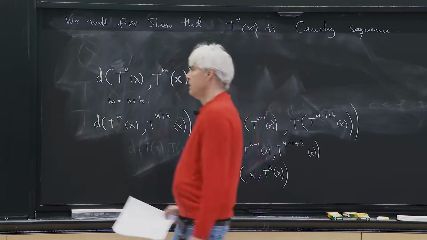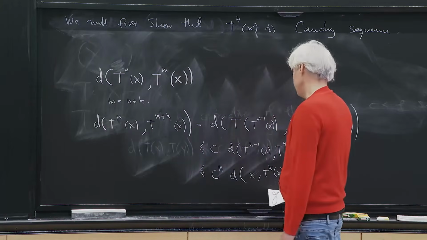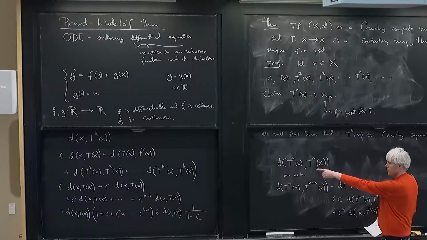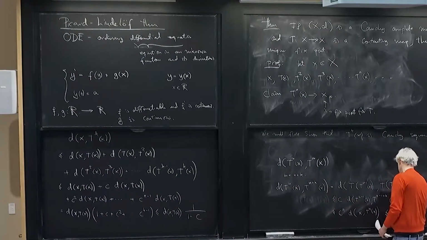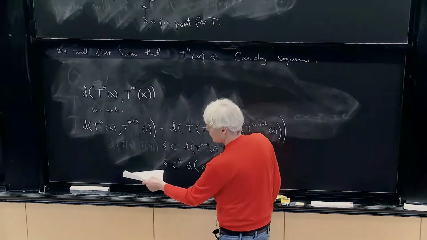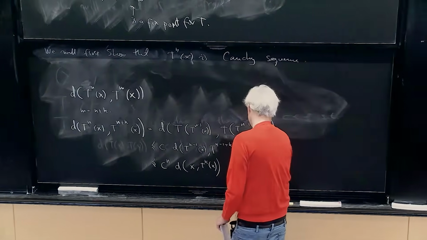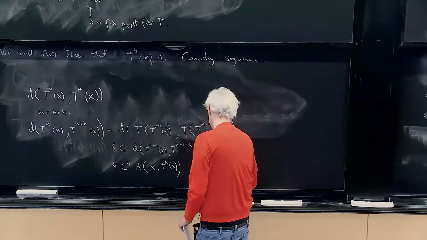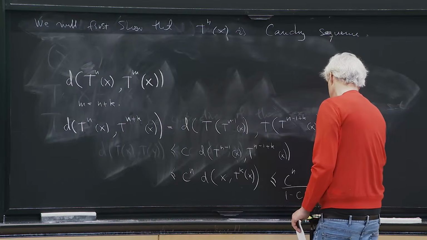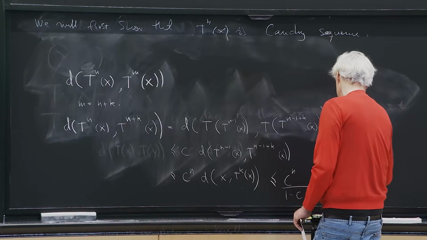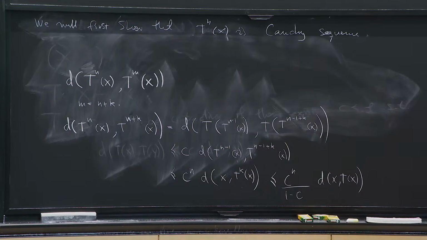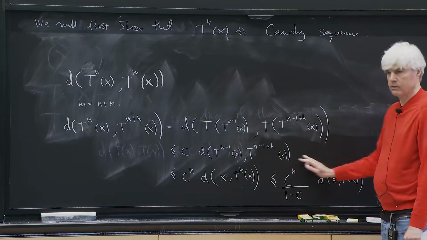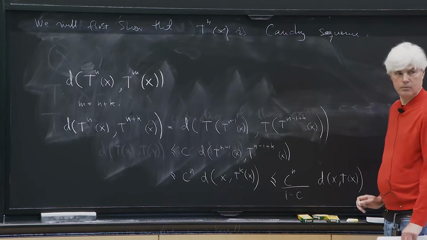We know it's bounded like this, and now I fill this in, so this is less than c^n over 1 minus c times d(x, T(x)). x is fixed, so when little n is sufficiently large, this whole thing is as small as you want.